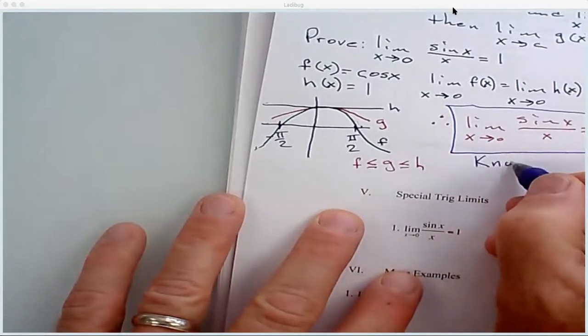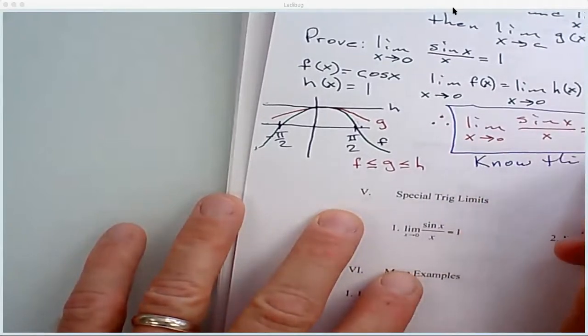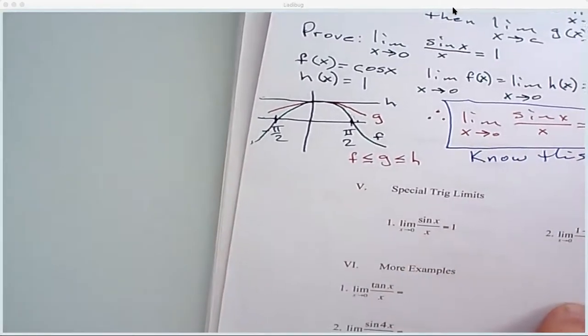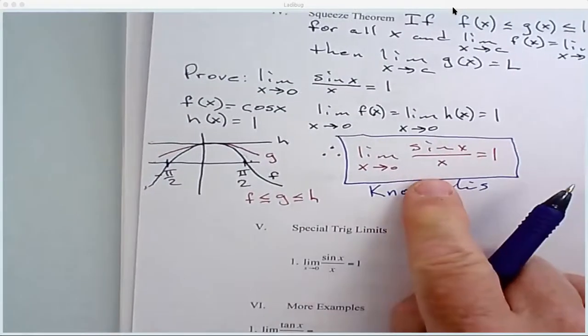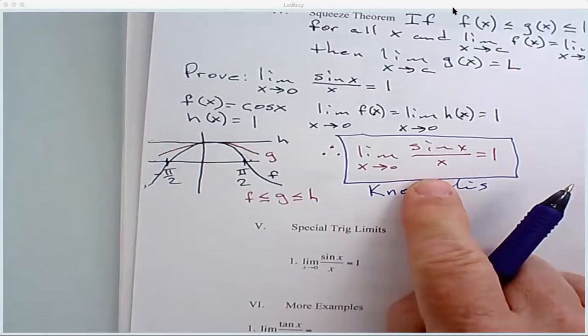Know this. You don't have to know the proof. You have to know this is always true. I'll say it again. You don't have to know the proof because you can copy it from your notes, correct? But this you must know.